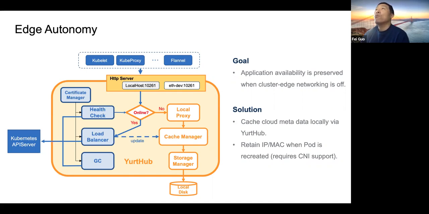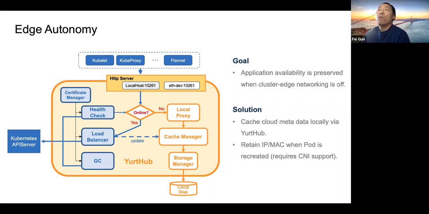Basically, if you are trying to list the pods, but the node is offline, the YurtHub will reply with the pods list that it cached from the latest one. So that's typically the way it does it.